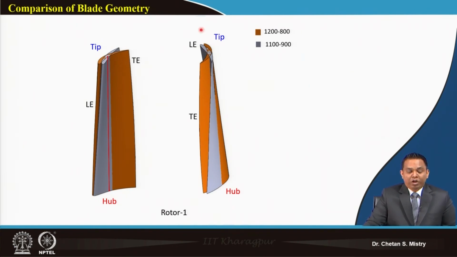Now you can understand, if you look at what is happening near the tip region, my angle is coming out larger. If you go through your aerodynamics, when the blade is highly cambered or slightly more cambered, I may have chances of the flow getting separated.